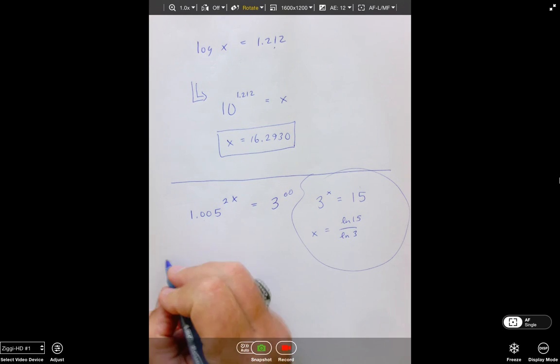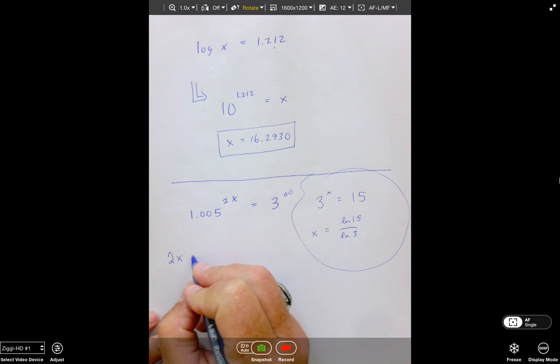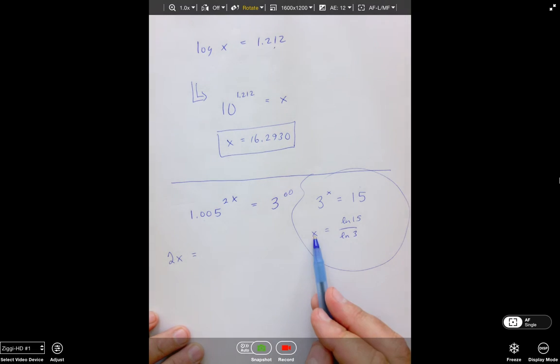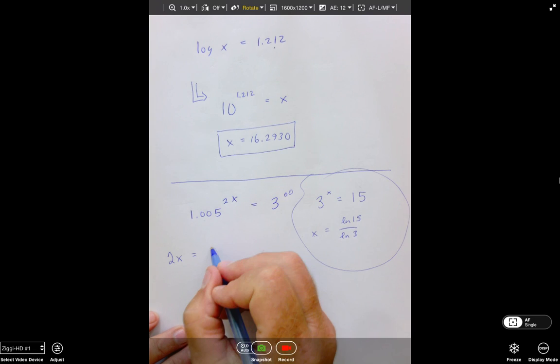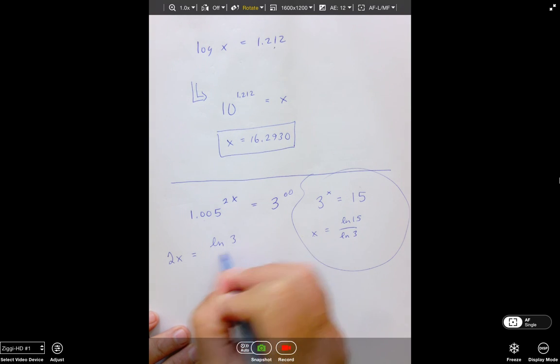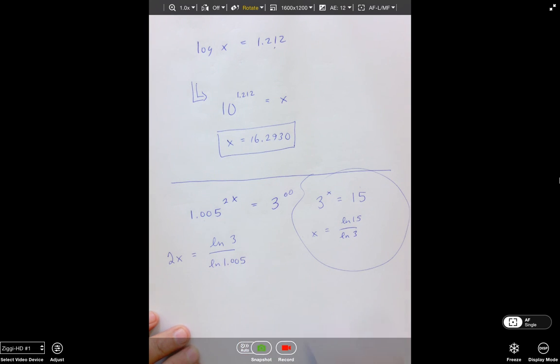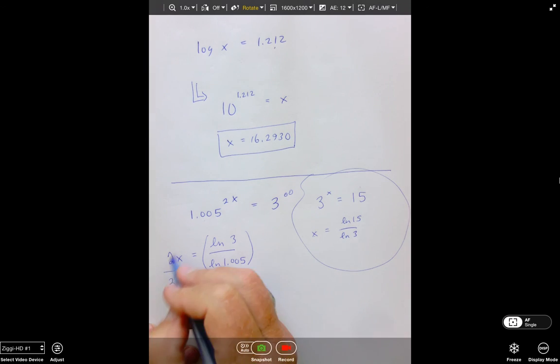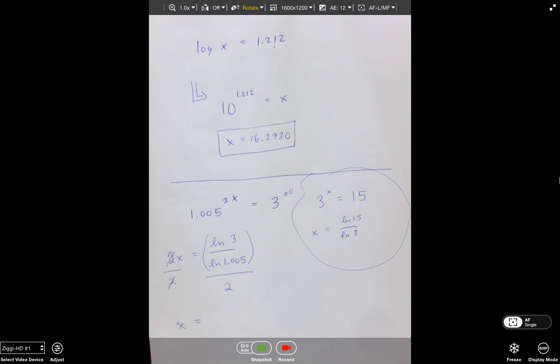So it looks like we're going to have the power, which is 2x, brought out front, and we're going to have the natural log of 3 over the natural log of 1.005. But when I get this answer, I have to divide by 2.